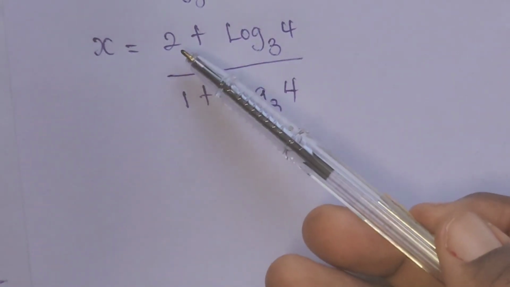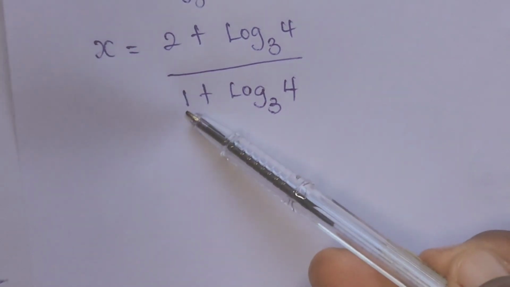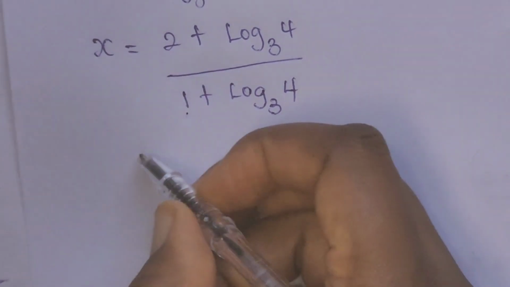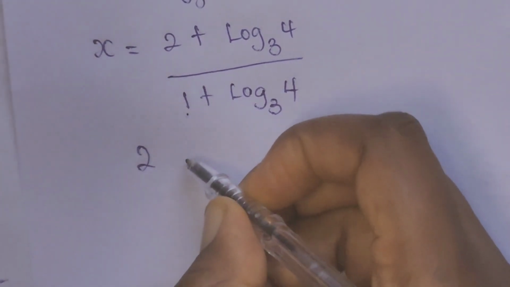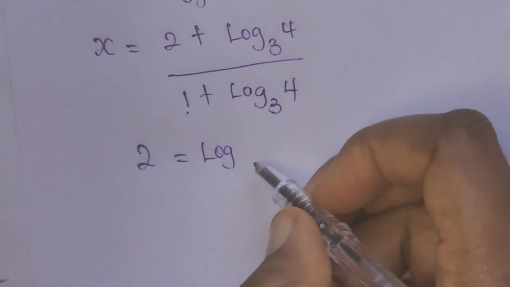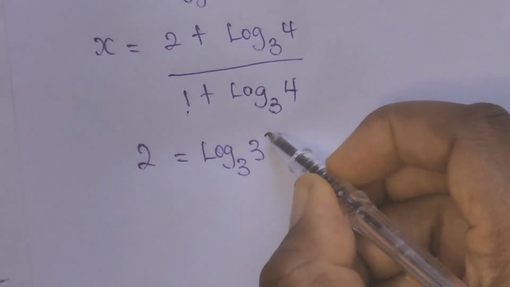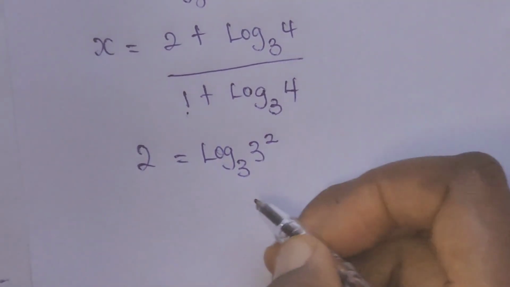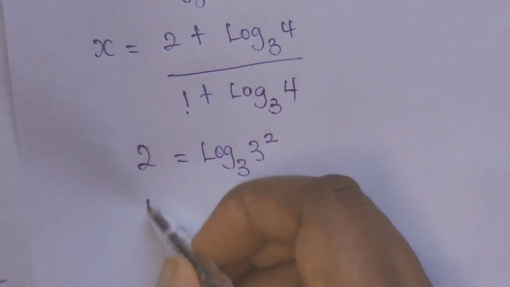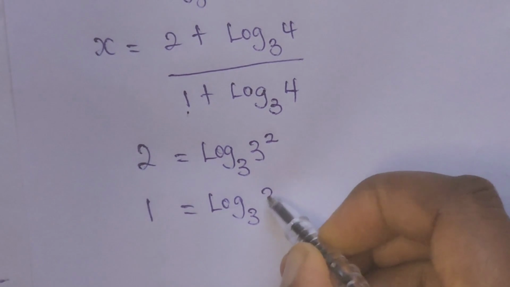So from here we have this constant 2 here, and we have constant 1 here. We can convert this constant 2 into log as log to base 3 of 3 to the power of 2. And for this one here, we can convert it to log as log to base 3 of 3.